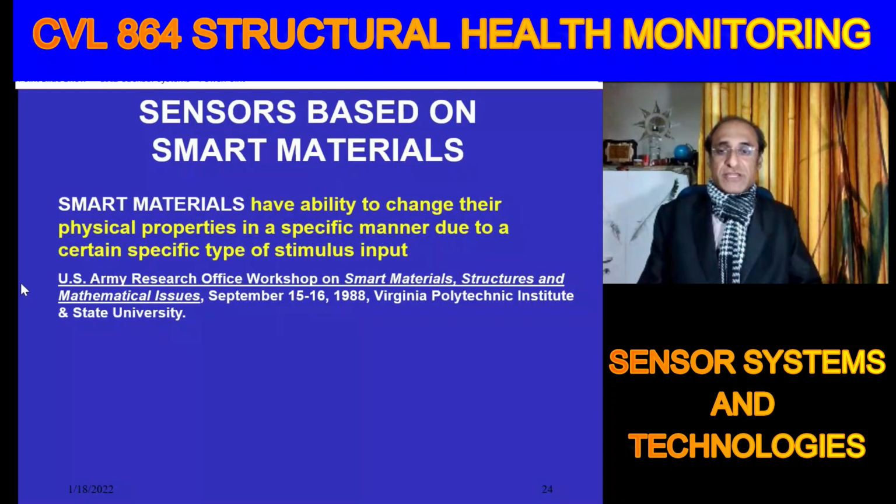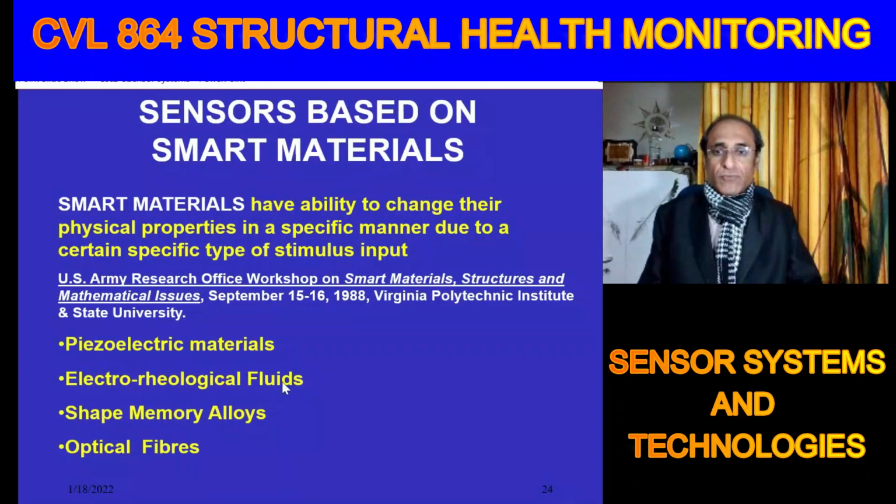This definition was historically adopted in 1988. At that time there was a workshop in the US, and in that workshop the term smart was formally adopted by consensus. We'll use smart material, we'll not use the term intelligent materials, because intelligence is a much higher level. These are just smart: we apply a stimulus X and we see a response Y.